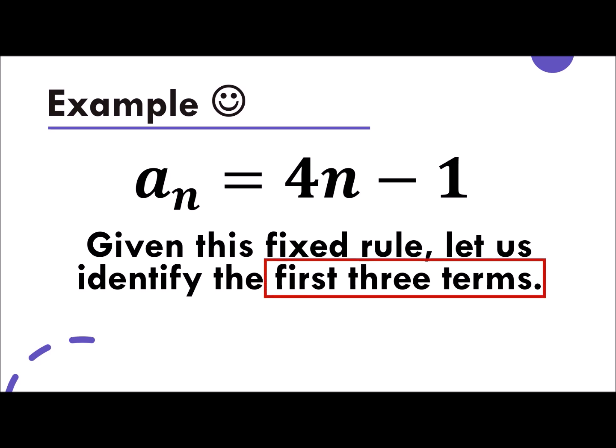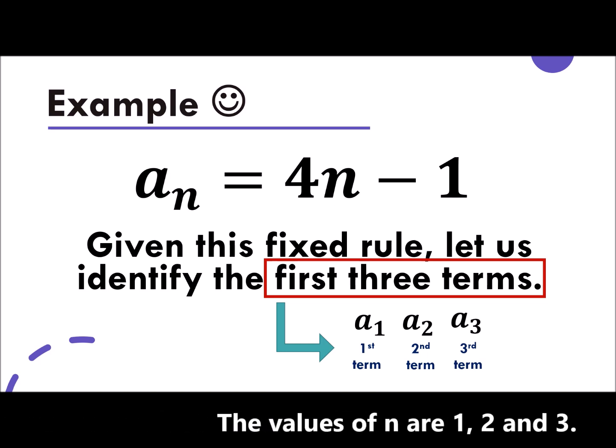Can you still remember? Very good. Once we say first three terms, we need to identify the values of a sub 1, which is our first term, a sub 2, the second term, until a sub 3, the third term. So it only means that the values of n are 1, 2, and 3. Is that clear?